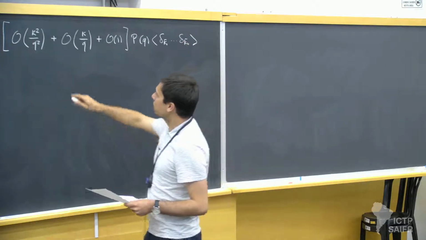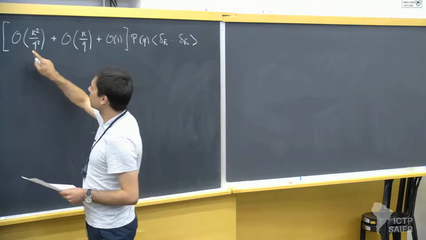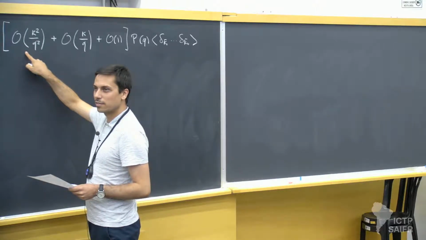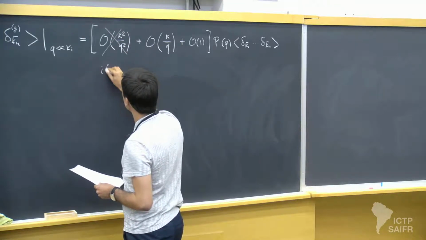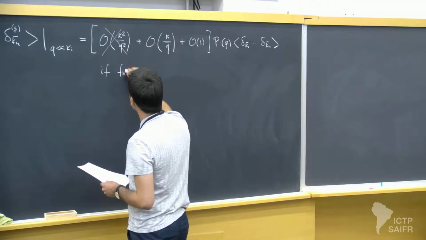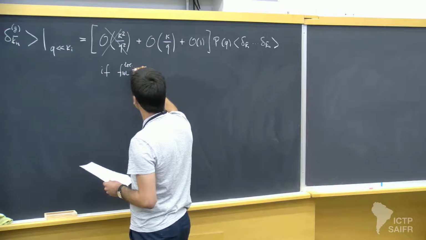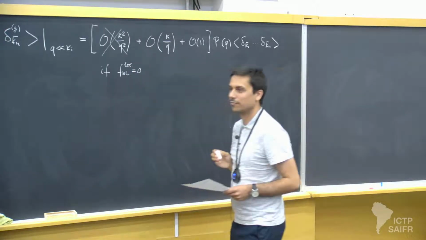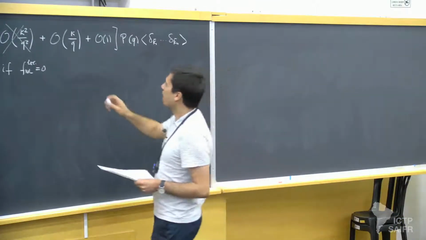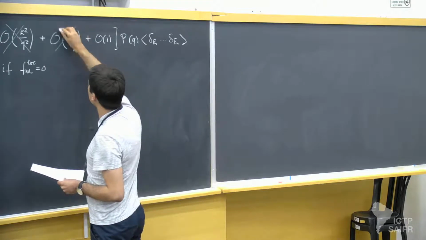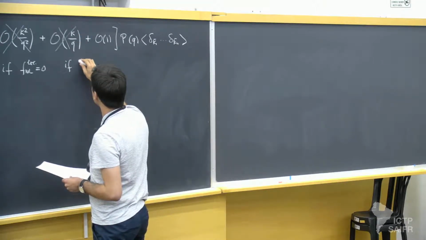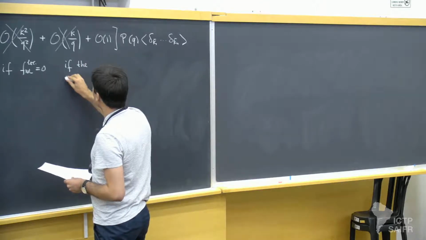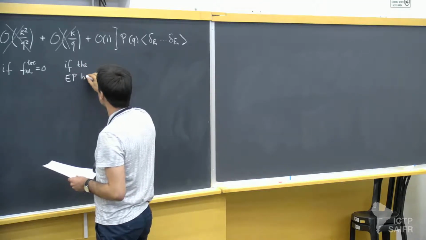But however, the theorem says that these contributions cannot exist. So these are not there if f and L local is equal to 0. And these contributions cannot be there if the equivalence principle holds.